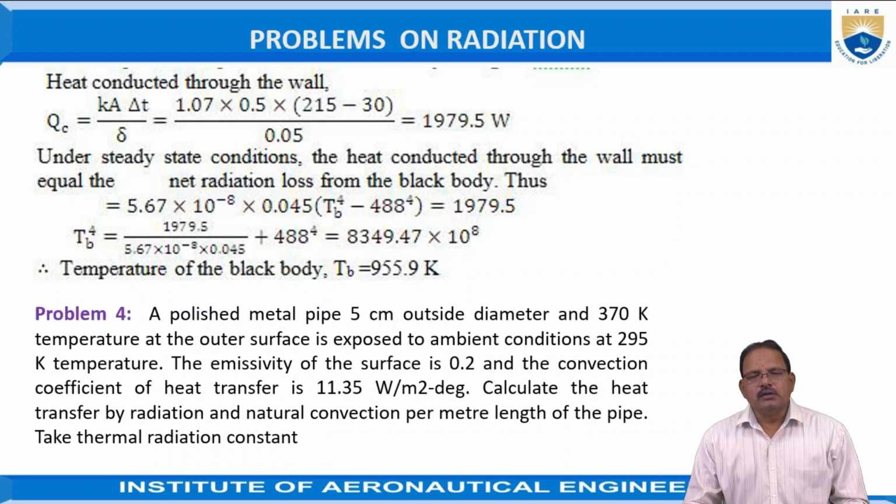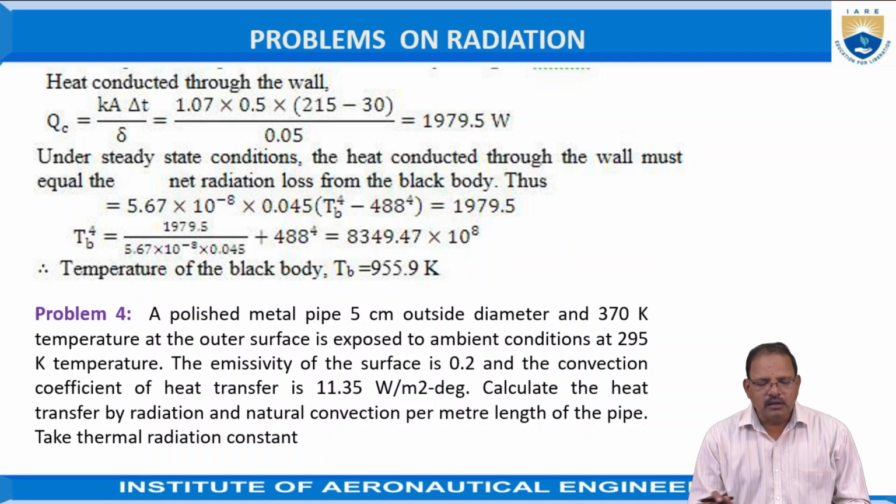Heat conducted through the wall is given by QC equal to K into A into delta T divided by delta, where K is the thermal conductivity of the material, A is the area of the cross section, delta T is the temperature difference, and delta is the thickness of the glass, which is 0.05 centimeters.